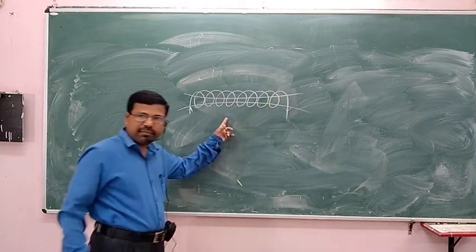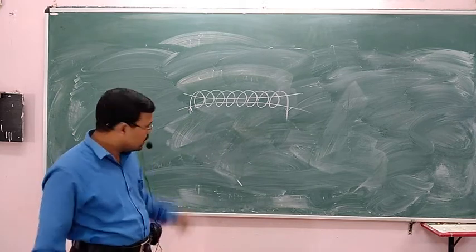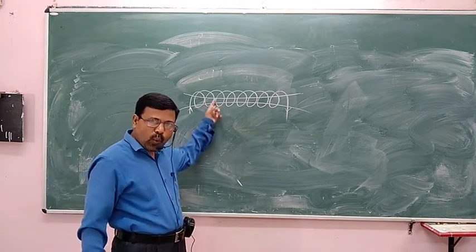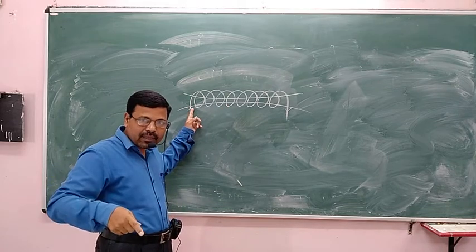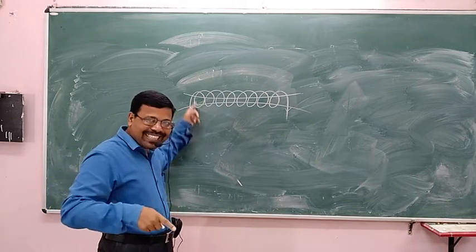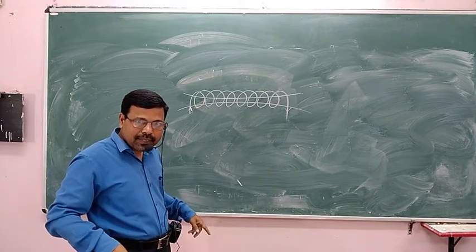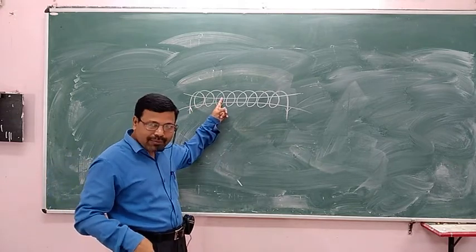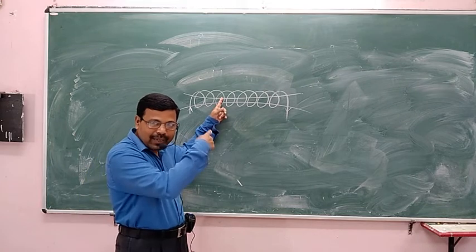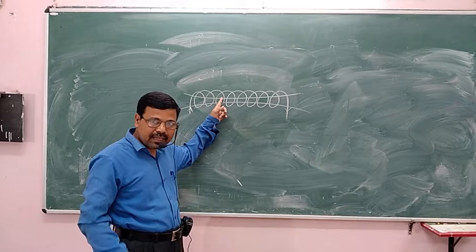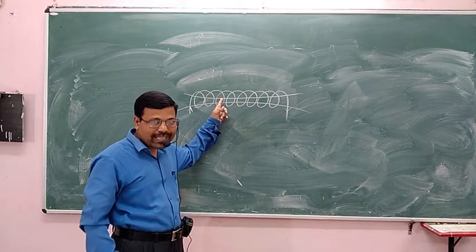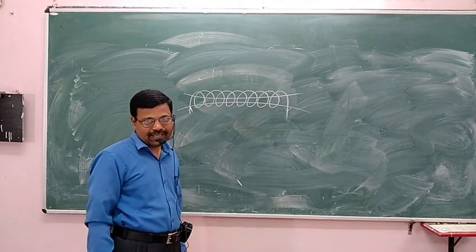If there is a varying current, if the current changes in the coil with time, then the magnetic flux linked with the same coil changes. And this phenomenon is known as self-inductance.